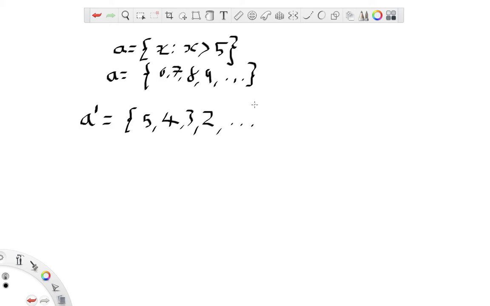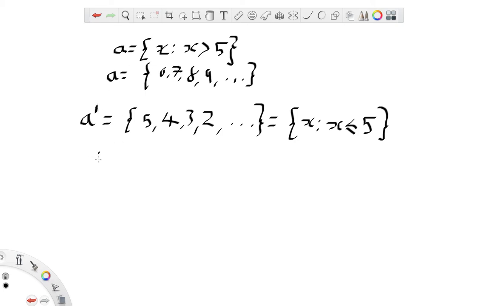That's everything that isn't in A. And then we ask ourselves, what is that set? Well, that set is the set X such that X is less than or equal to 5. So A complement, the dash meaning complement, is everything that isn't in A.